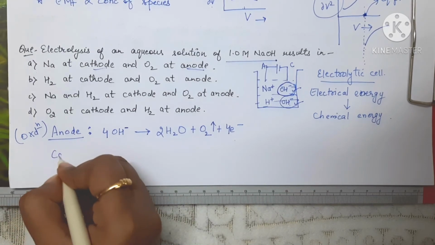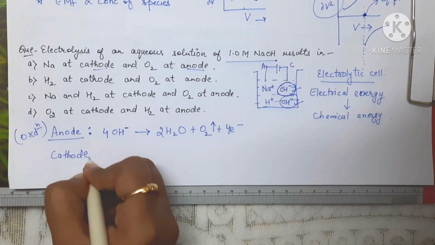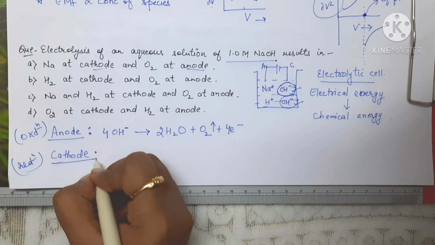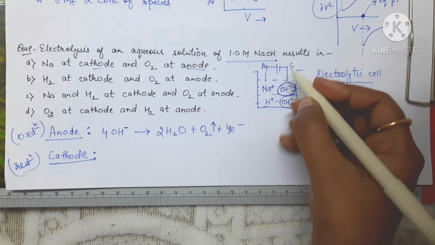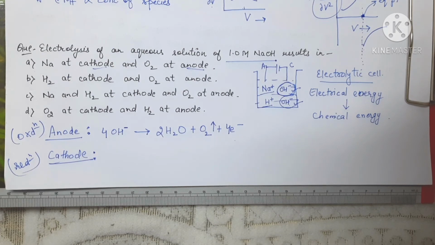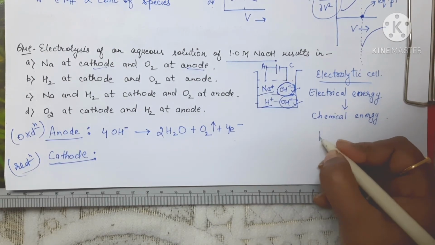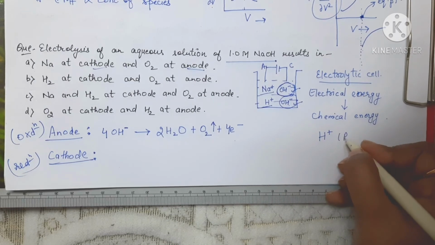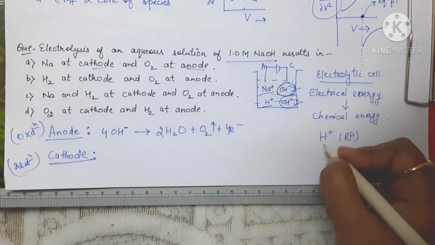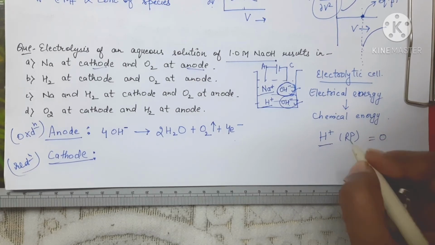So now if we talk about the cathode, then here definitely reduction is going to take place. What happens, we have Na positive and H positive. Now we have to see which one is undergoing reduction. So if we talk about H positive, the standard reduction potential value of H positive is equal to 0.